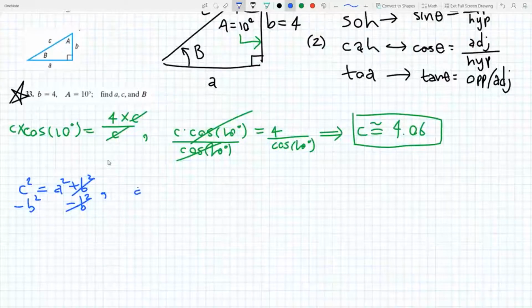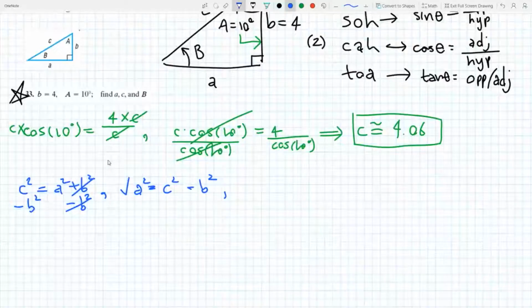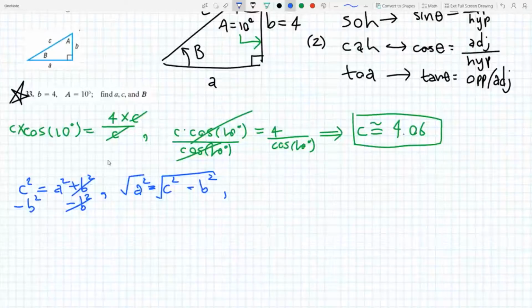So this gives me a squared is equal to the hypotenuse squared minus b squared. And now I can take the square root on both sides of this equation. So I can solve for the value of A, since a squared and the square root are inverse operations, the square root of a squared is equal to a. So then I am left with this equation.